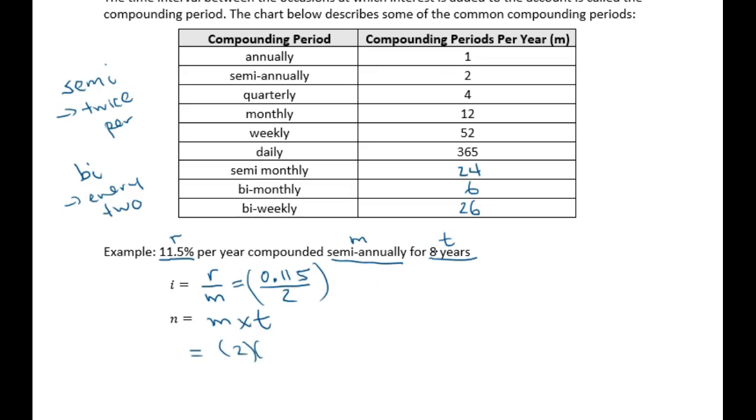And I'm going to have an 8-year situation. It's already in year format, so I can just plug that into my formula. And we can do that computation because it'll give us an exact number of 16. So we are going to need to do some mini computations, probably best to do them off to the side and bring them into your formula when you're actually calculating future value or present value.